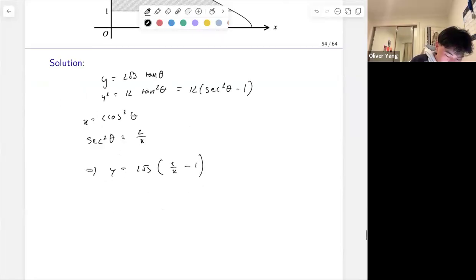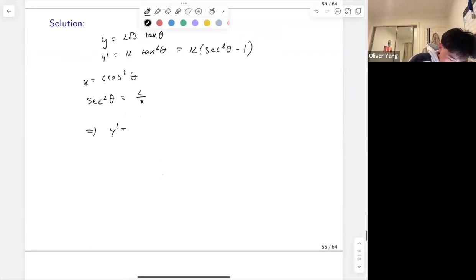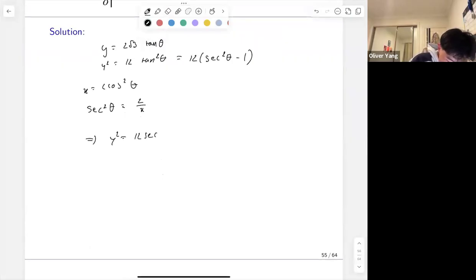And now we're going to substitute. So we're going to get y squared equals 12 times sec squared, 2 over x minus 1, right?